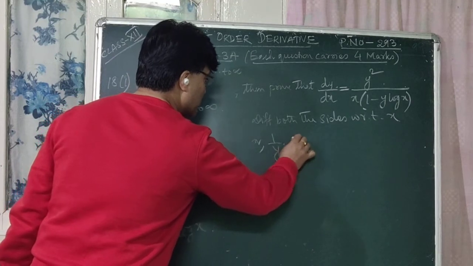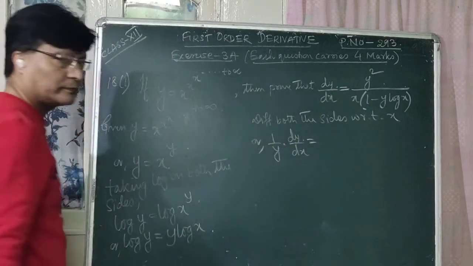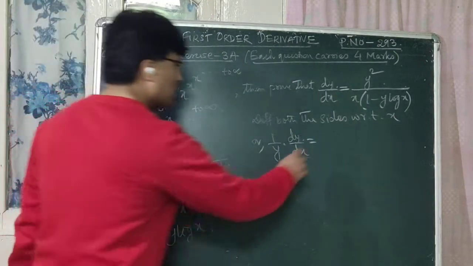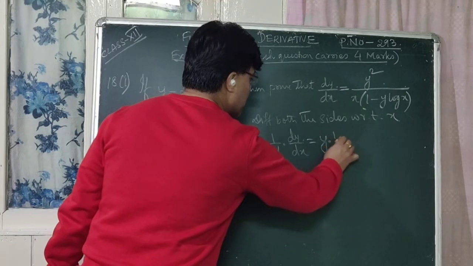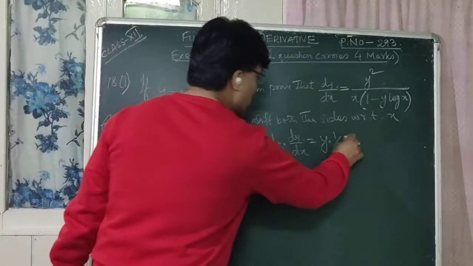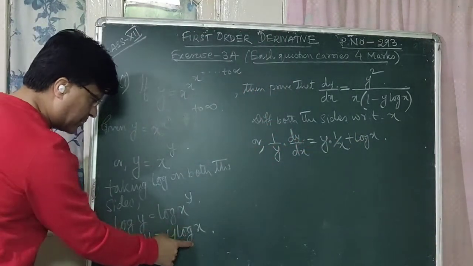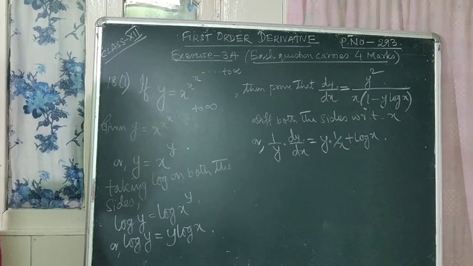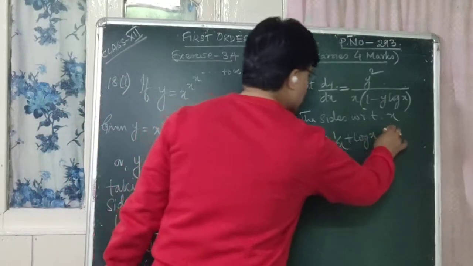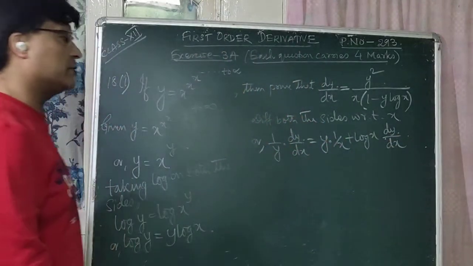First of all, it is 1 upon y into dy by dx, is equal to, on the right hand side you can use the UV rule. y is kept as it is, log x differentiation with respect to x is 1 upon x. Then plus log x is kept as it is, then differentiate y with respect to x. What is the differentiation of y with respect to x? It is dy by dx, right?